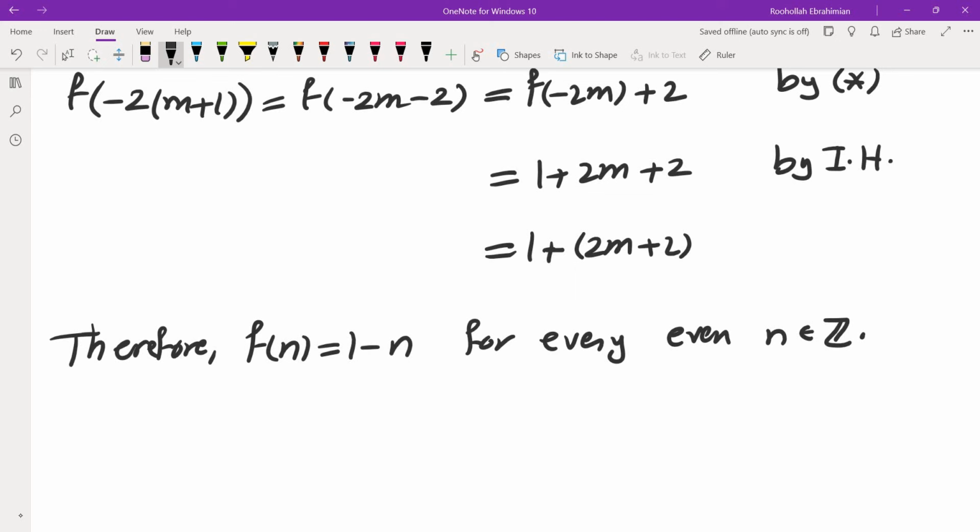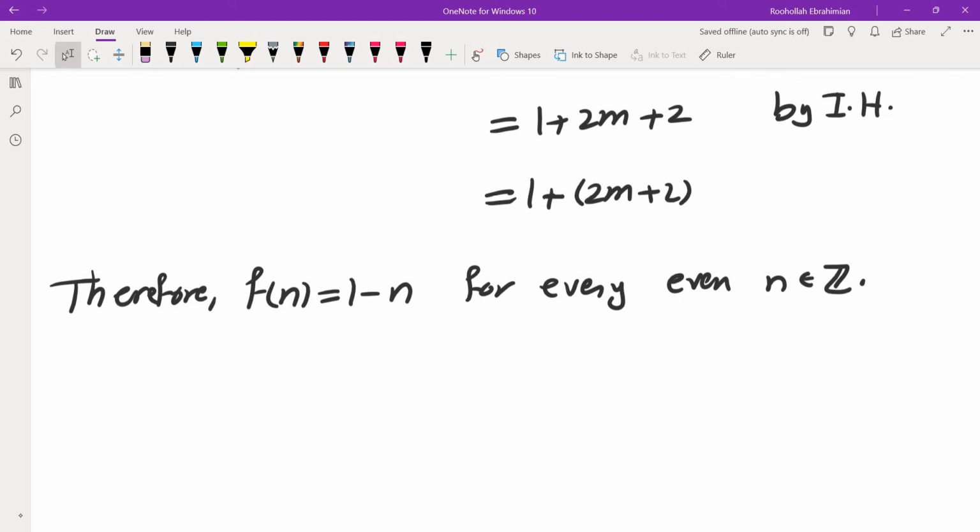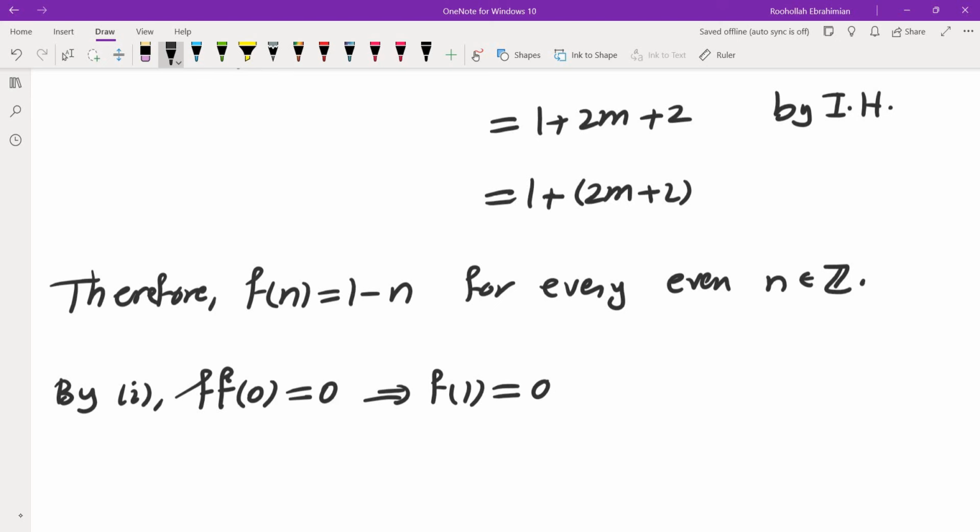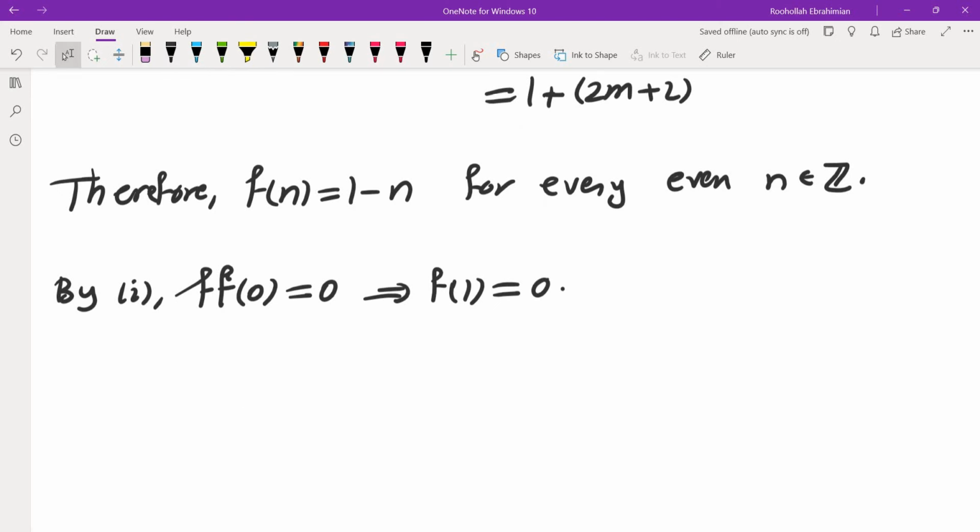Okay, so we showed it for even. Now we will have to show for odd integers. So now by 1, f of 0 is equal to 0. That's given, which means f of 1 is equal to 0. Now, the rest is quite similar, so I won't even worry about writing it down.